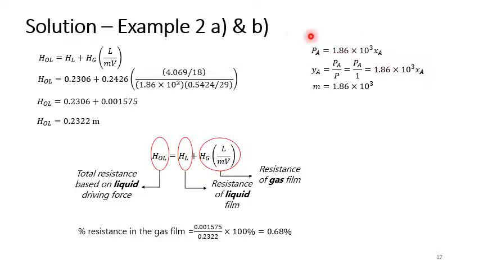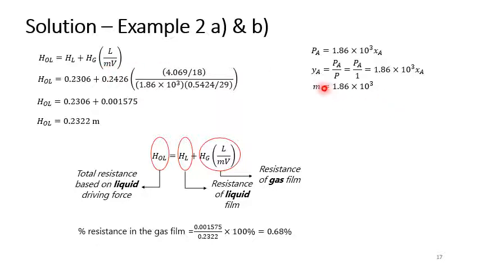So you need to convert this relationship into Y in terms of X instead of PA, partial pressure, in terms of X. PA equals YA times P, so YA is PA over total pressure, and the total pressure here is 1 atm. Thus YA equals 1.86 times 10 to the power of 3 XA. So m is equal to 1.86 times 10 to the power of 3, and you can take this to be the value of m inside here.